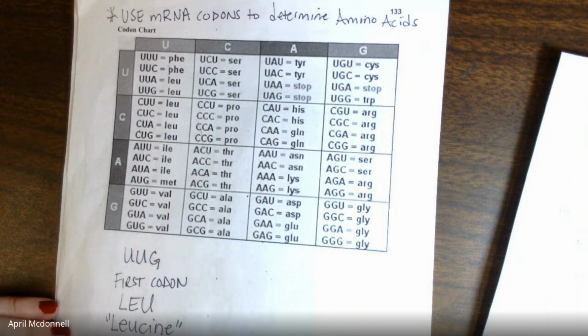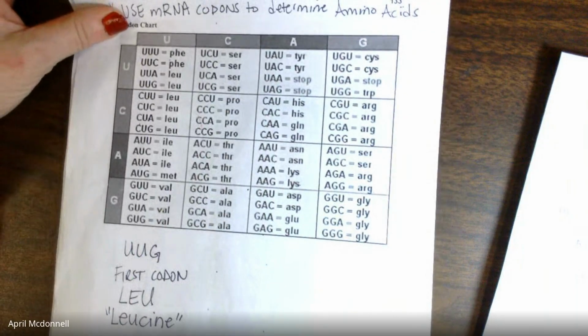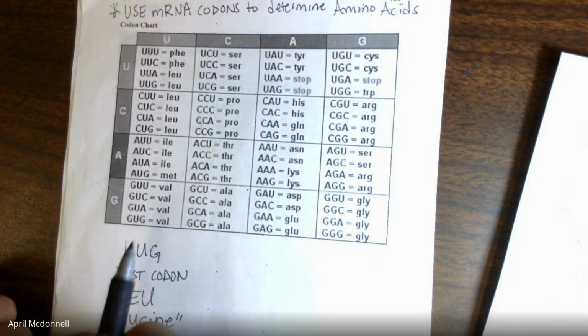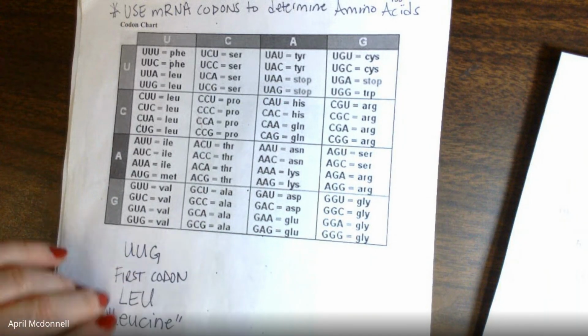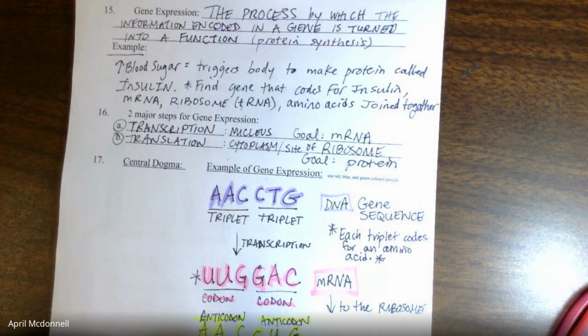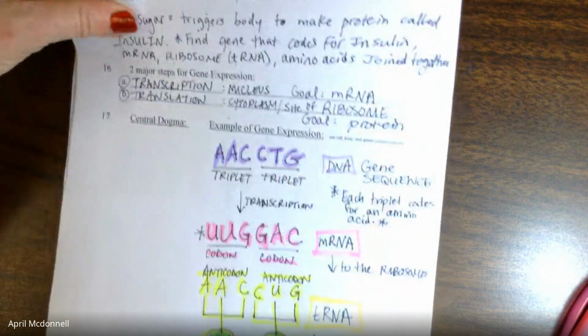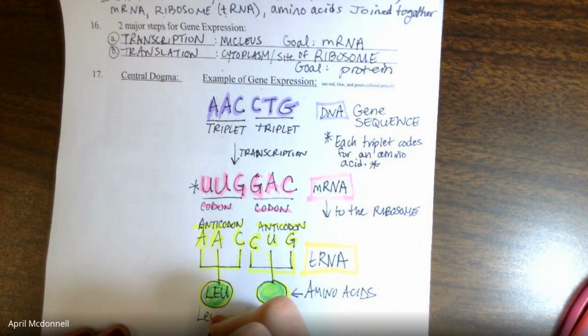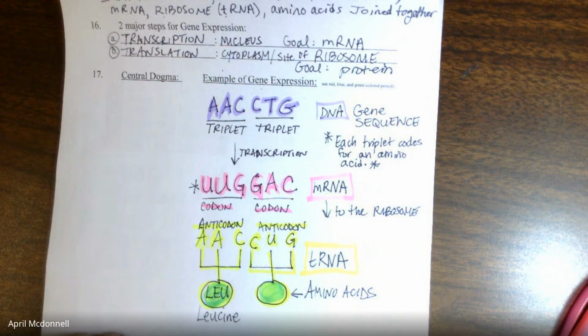So what you're looking at in this table are the abbreviations for the names of the amino acids. Okay, so our first one was UUG. I'm going to go back to my diagram and I'm going to add leucine as my first amino acid. Here's my abbreviation, but this amino acid that this transfer RNA molecule is carrying is called leucine.